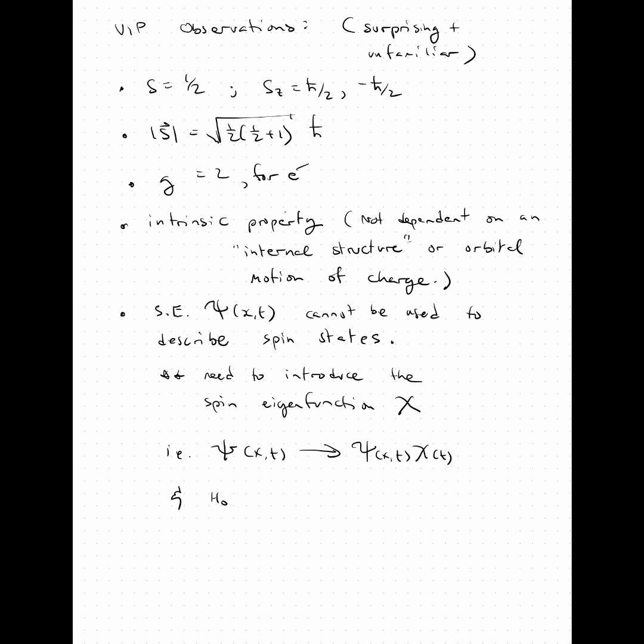And we can write H naught acting on psi is i h bar, kind of what we know from before. And the H prime, the spin-dependent part of the Hamiltonian, I'm claiming acts on chi to give you i h bar d chi/dt.